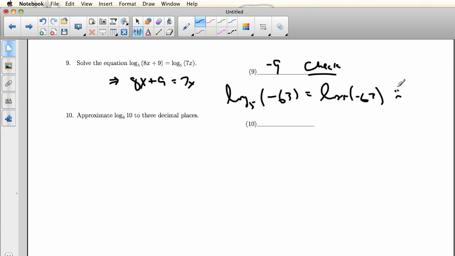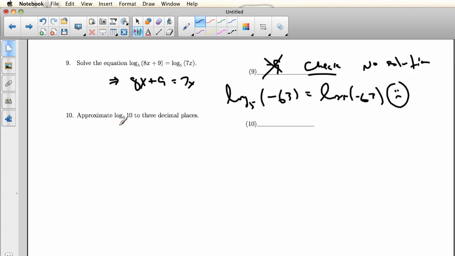So this actually doesn't work. It would be true if the log of -63 made sense, but it doesn't, and so we can cross that out and say this particular problem has no solution. So just like when we had square roots in equations, it's important when we have logs in equations that we check our answer at the end.